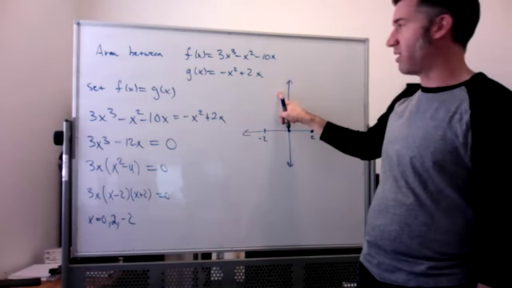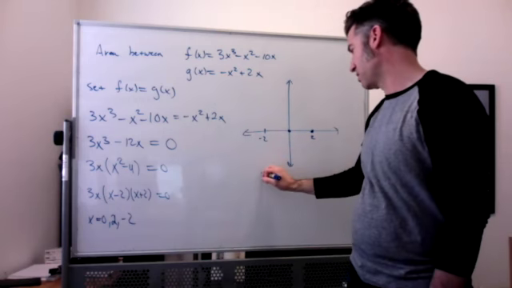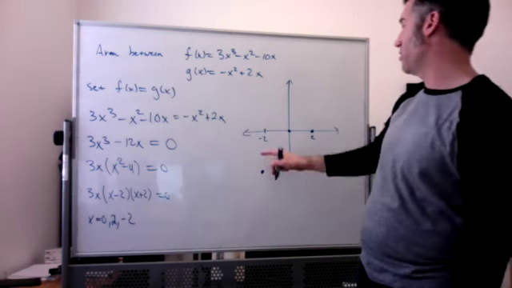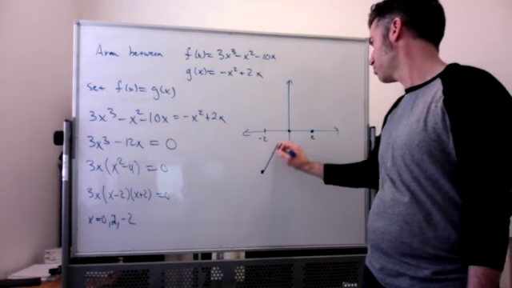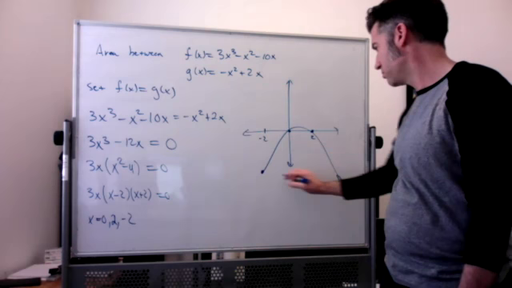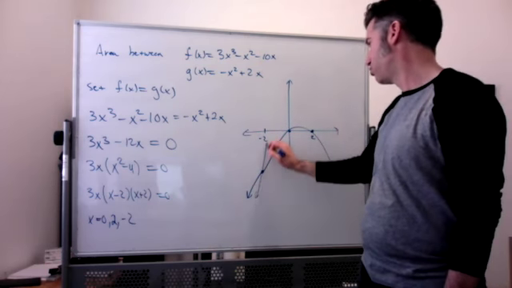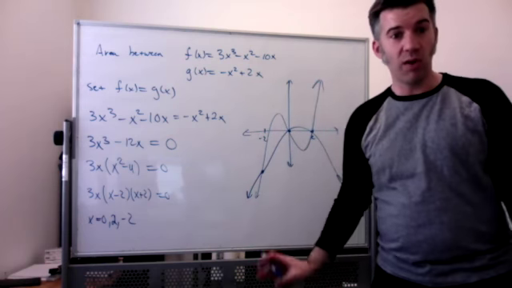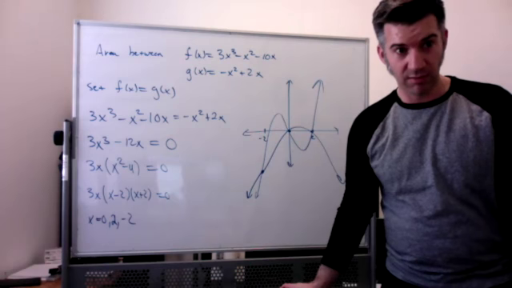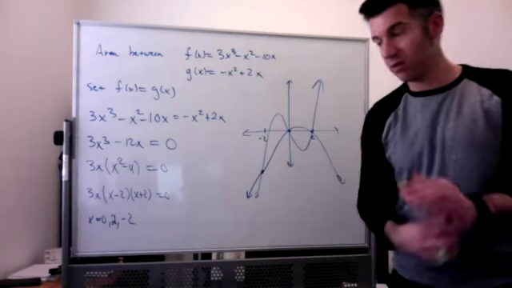If you plug in negative 2, you get negative 4 minus 4 is negative 8, something like this. So I know that the parabola looks, I don't know, something like this. And the cubic looks maybe like that. You don't have to know what these graphs look like. I'm just showing you so that you will believe me when I say the next part.